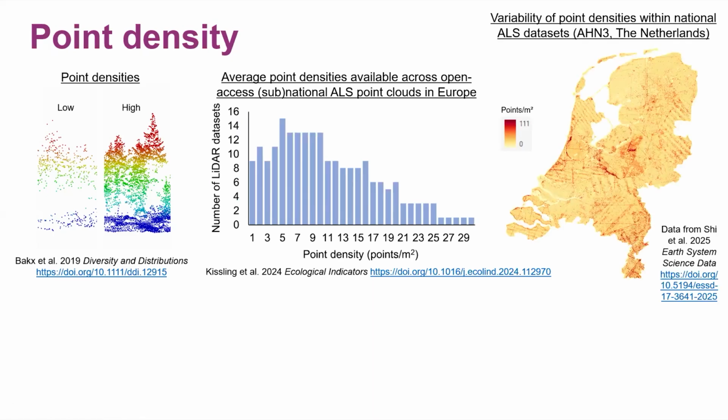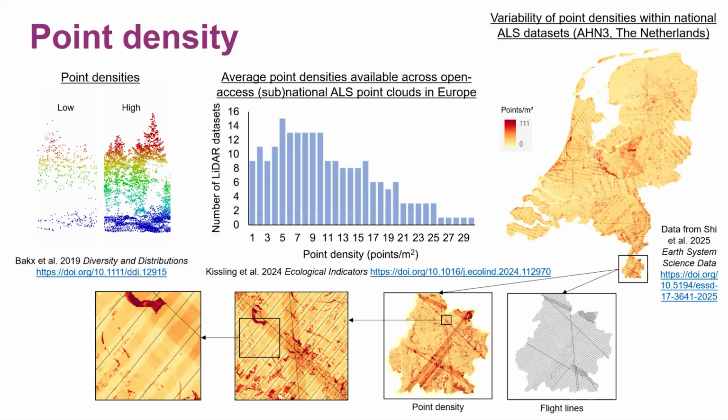Now, point densities also vary within a dataset, not only across datasets, not only because there are different habitats like forest and non-forest, but also because flight lines are partly overlapping. So the red areas here, you see largely areas where flight lines are overlapping.